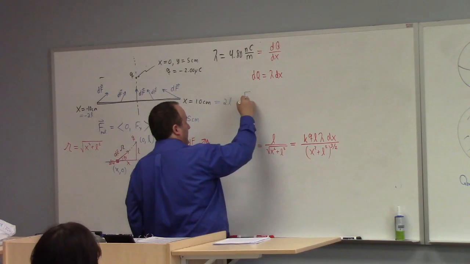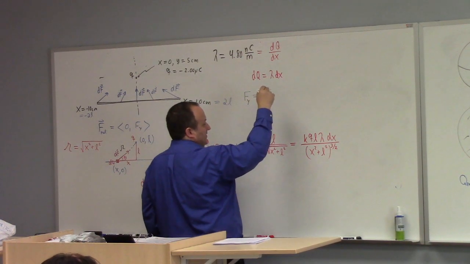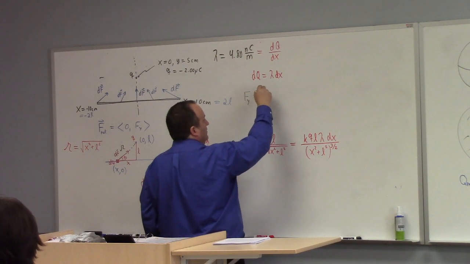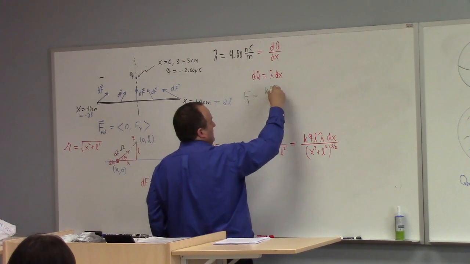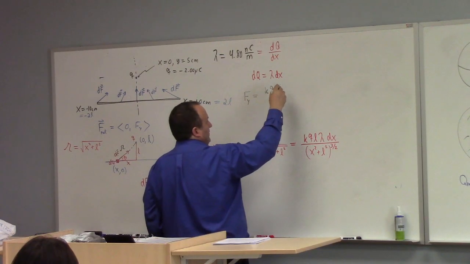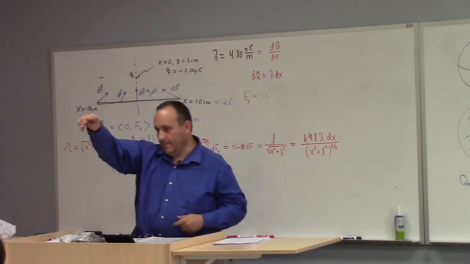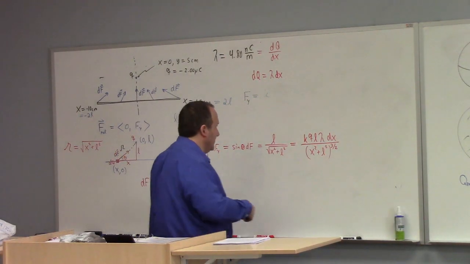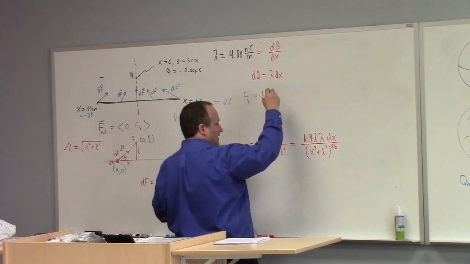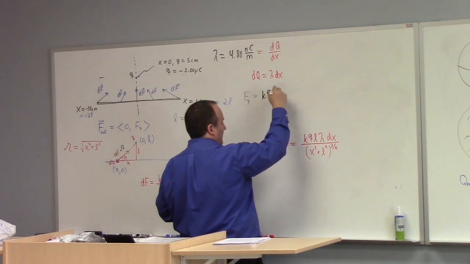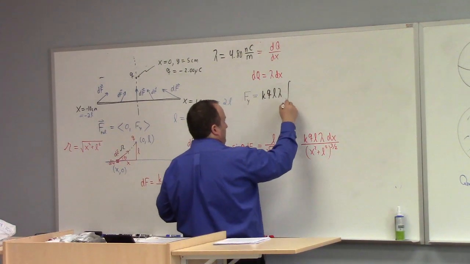Fy is equal to, let me take all the constants out. So we got k q L lambda, right? Let's see your k q L lambda integral, and the integral is from minus L to L, right?